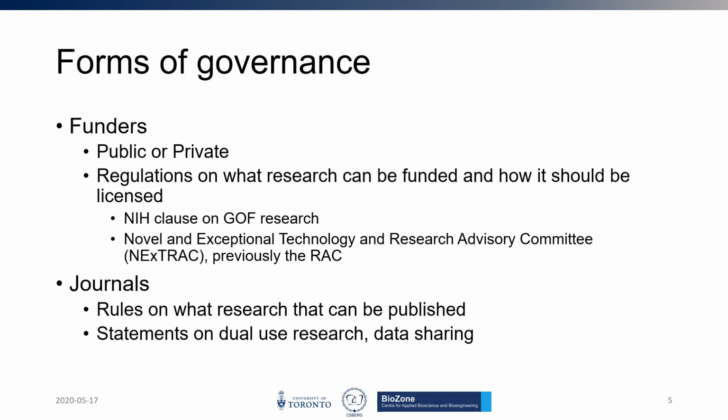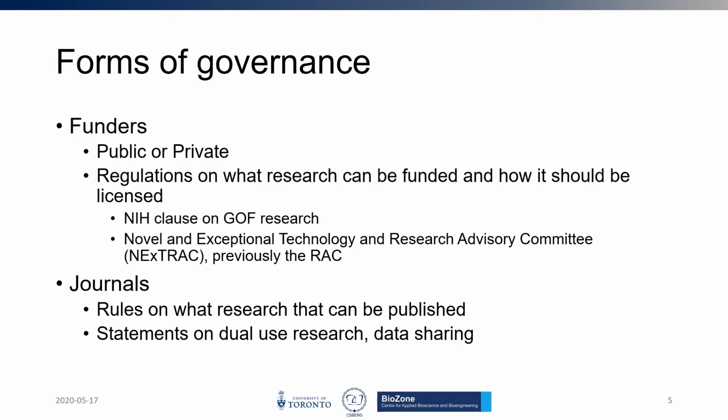So they've had various statements made by different journals on how they deal with dual use research. So again, dual use research is research for which the information could be misused for potentially dangerous uses, and data sharing.